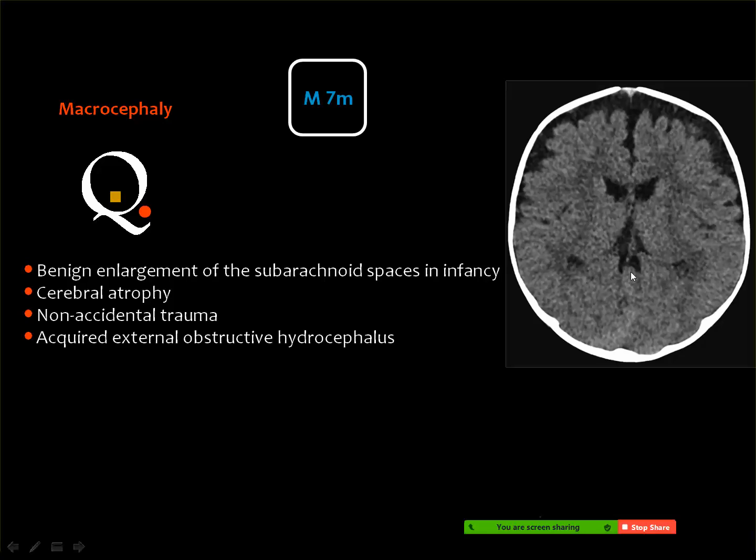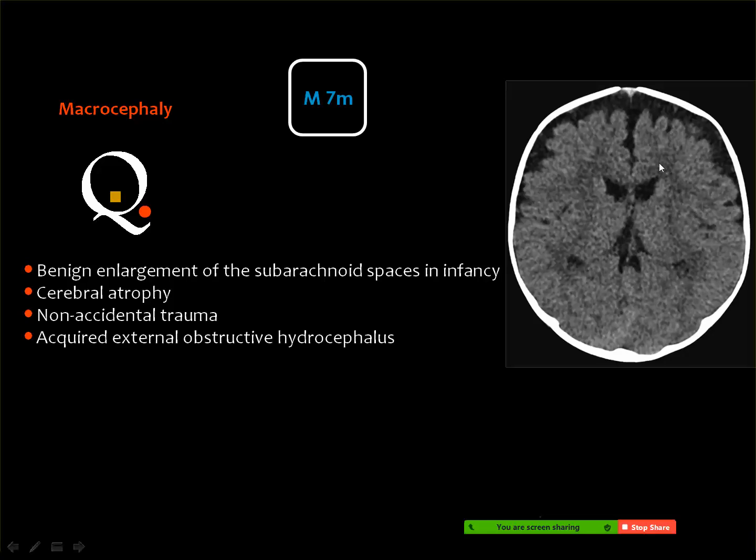the ventricles are normal, and this is known as benign enlargement of the subarachnoid CSF space in infancy, and this resolves spontaneously at the age of 2 years. Then please remember that if you have a child with macrocephaly and you see this appearance, this is not atrophy.